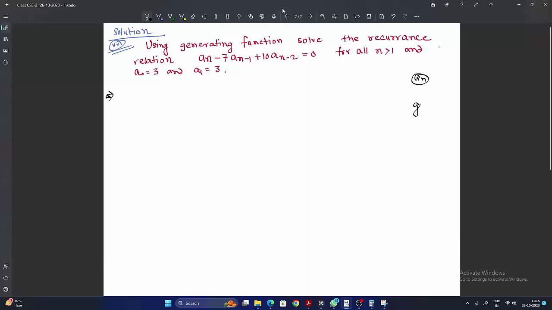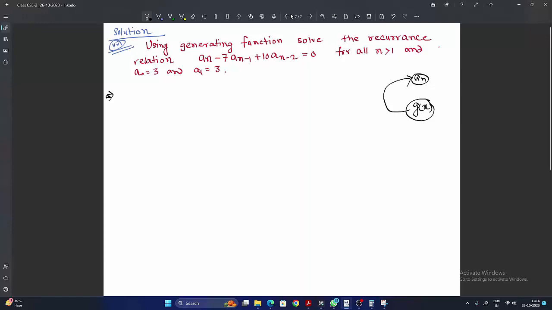If you can find G(x), then from the generating function we can go to that sequence, na? Because we have just seen how to extract the sequence from the generating function. So first we find the generating function, then from the generating function we will extract a_n.